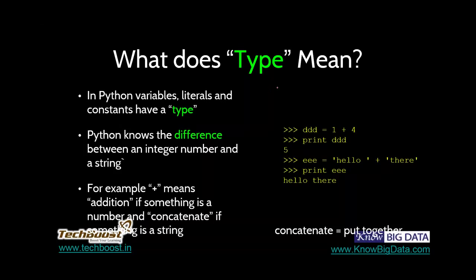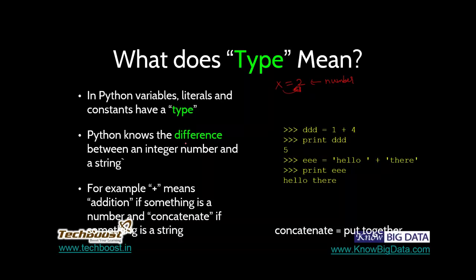As an example, x is equal to 2. We are saying that this particular variable holds a number. That is what we mean by the type.